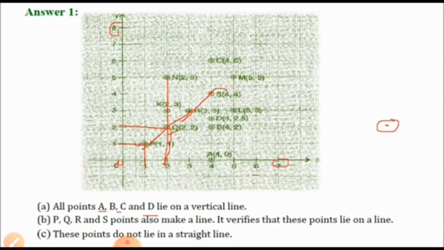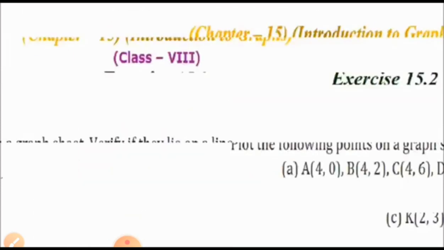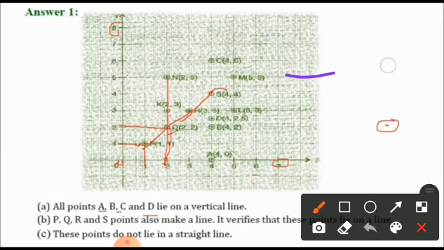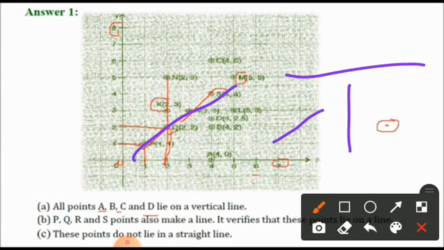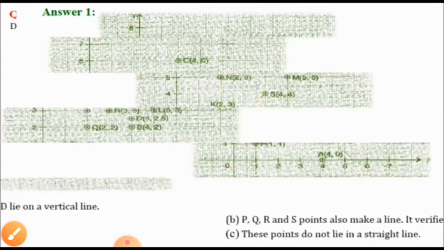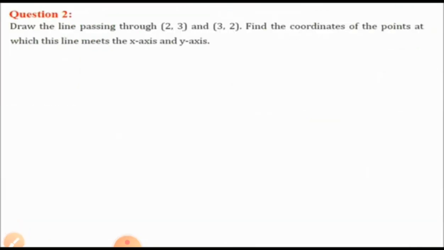Either you can move horizontally, vertically, or diagonally. Is it or not? Horizontal means a straight line, vertical means straight this way, and diagonal means a cross line. So they are coming on the cross lines. Yes, but whenever you find the points lying in different places, that is not making a straight line or a linear line.